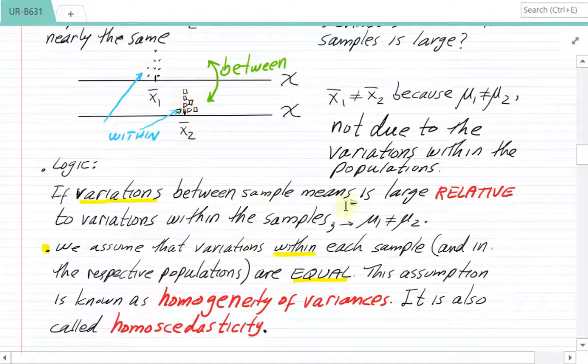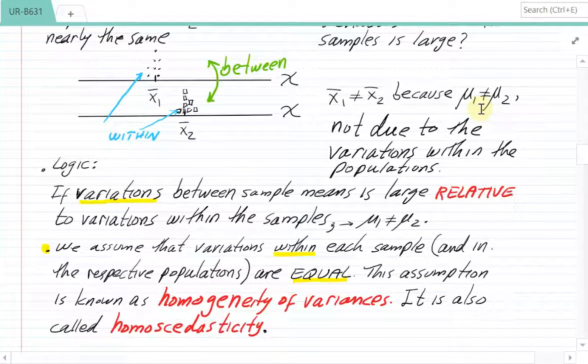That's what the between is. If that is large, that means the separation between X bar 1 and X bar 2 is going to be bigger and bigger. Clearly, as these two distributions become separated, the distance between them increases. That's more evidence that the population means are different, right?